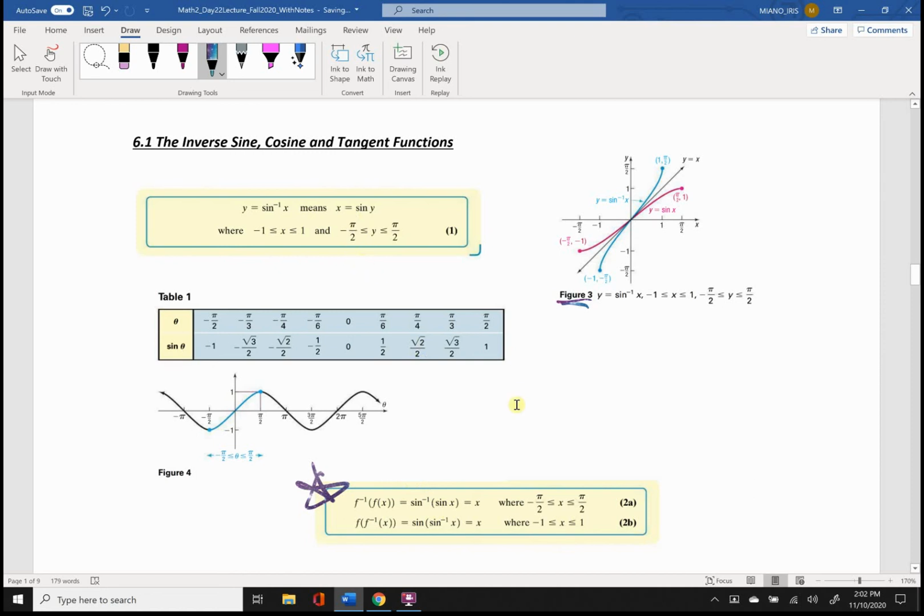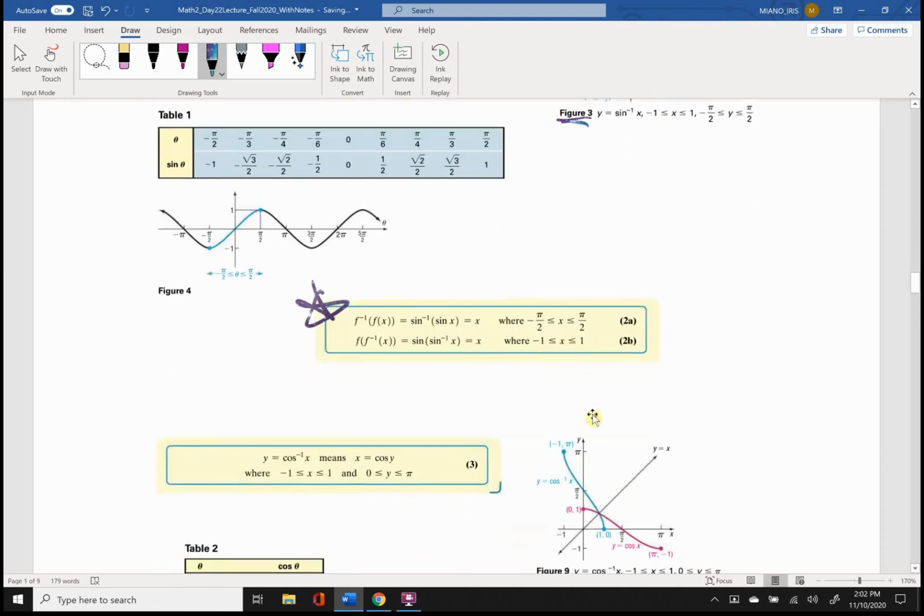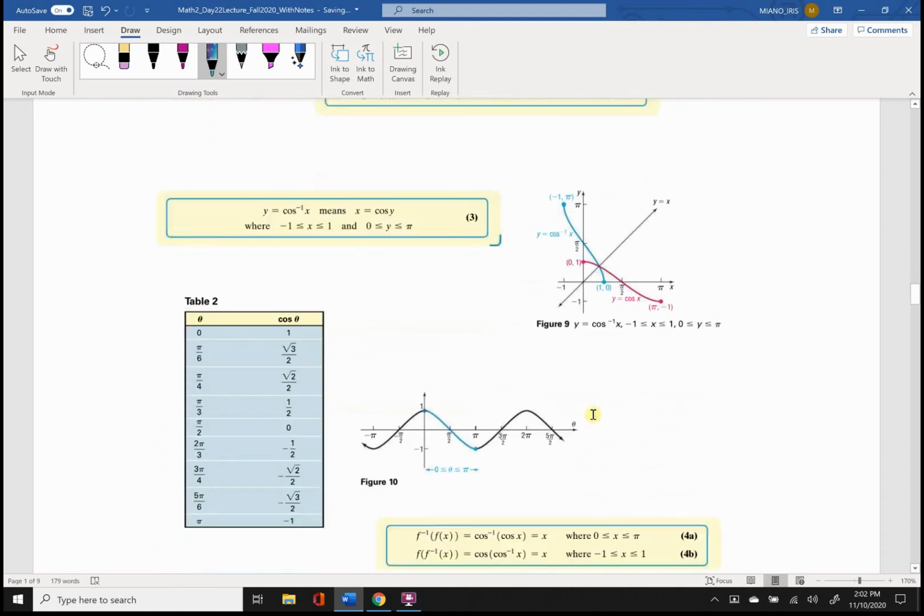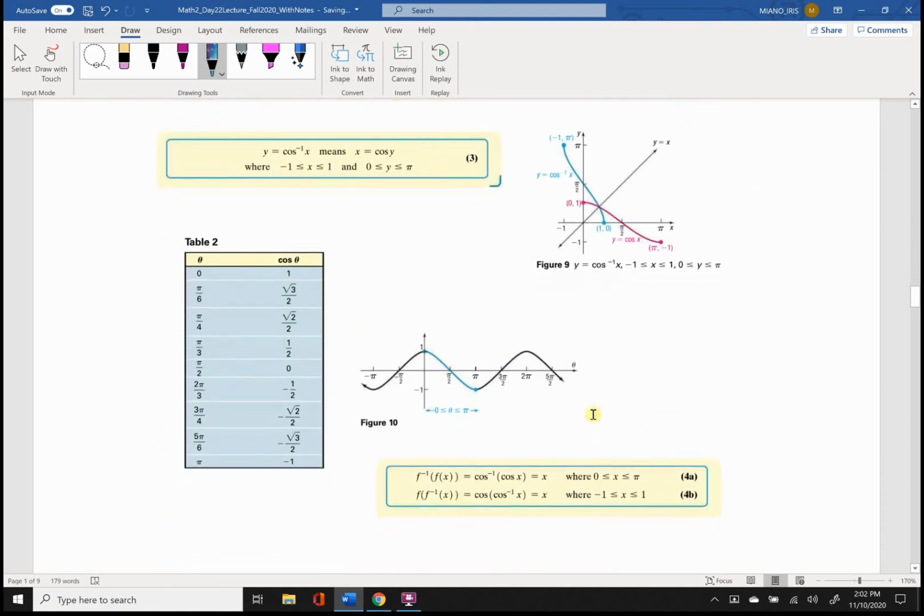It's going to no longer be a function, and the inverse also has to be a function as well, okay? Now, we have similar things defined as I scroll down for the cosine function and its corresponding inverse. And look at this beautiful figure right here, laying the cosine function in pink alongside its cosine inverse function in blue.